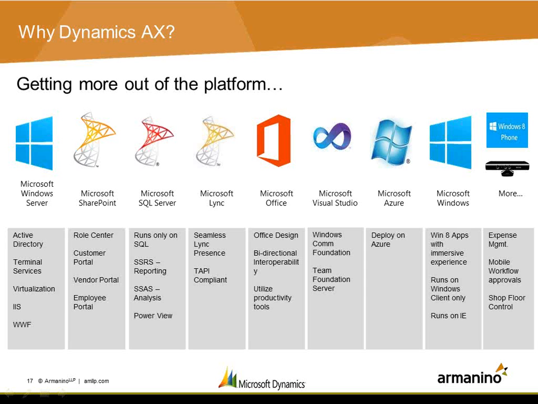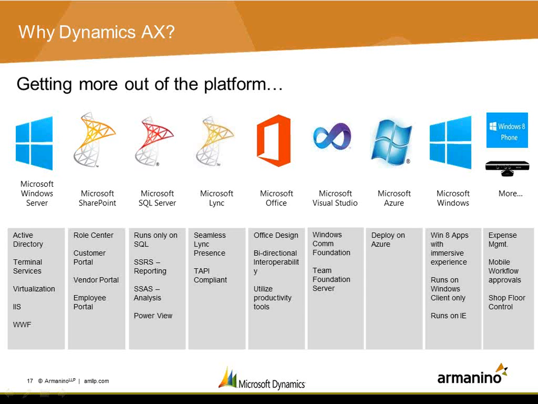And so I'll just give a few examples of those. In terms of the Windows Server, it supports Active Directory single sign-on. So instead of having a second sign-on for your GP application, it's all integrated into your same Active Directory security. Another example is SharePoint. Microsoft SharePoint has a ton of capabilities that are designed specifically for Dynamics AX, and they're really part and parcel to the same solution.